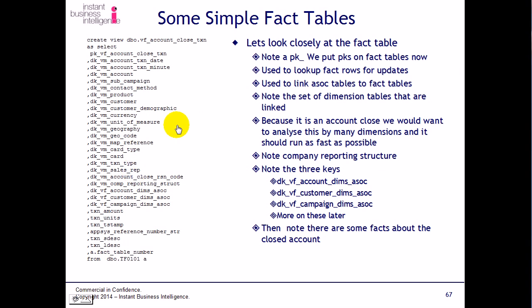Okay. So then the dimension tables are linked. You can see you've got the account transaction date and minute, and the account, the sub-campaign, the contact method, the product, the customer demographic, the currency, the unit of measure, geography, geocode, map references, card type, card, transaction type, sales representative, the account reason code, account close reason code, the company reporting structure, the account dimensions association, the customer dimensions association, and the campaign dimensions association are all on the account close transaction, because you want to analyze this table to death.